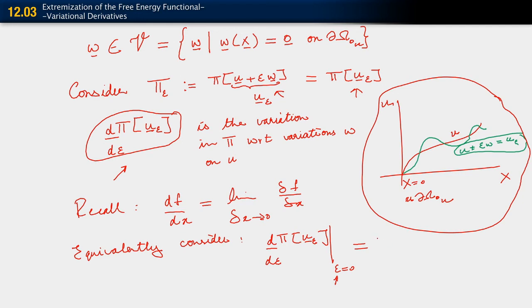It is variously written as either delta pi with respect to delta u, or that. This is just a notation, right?